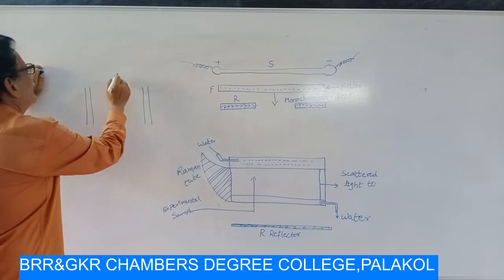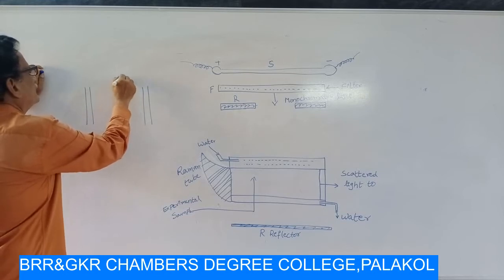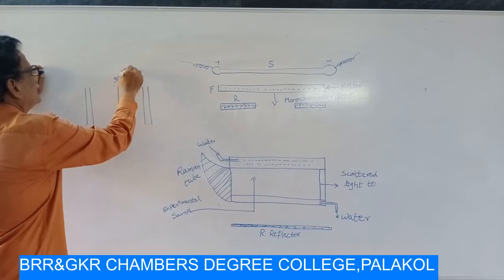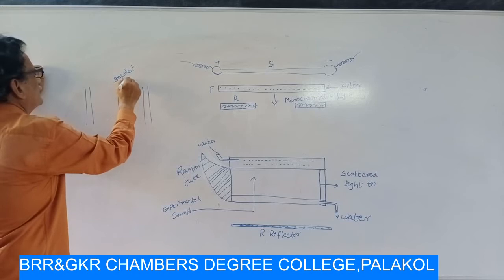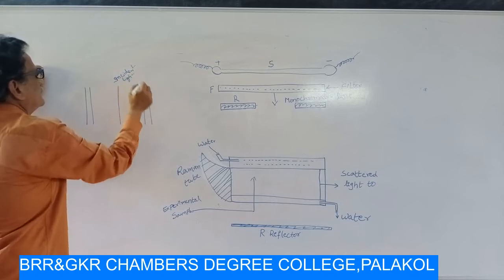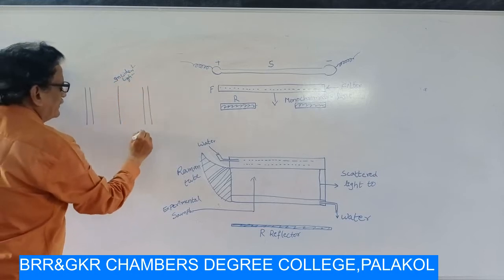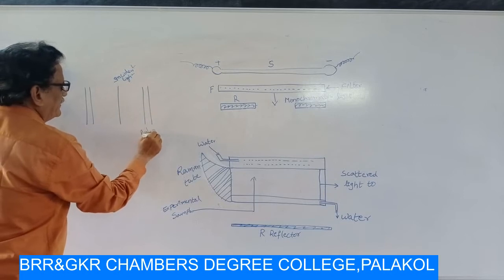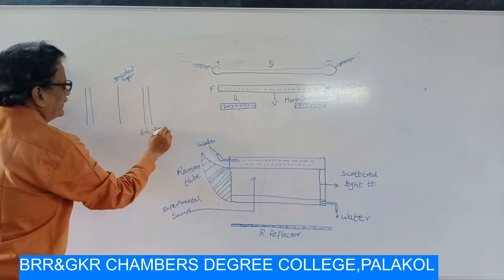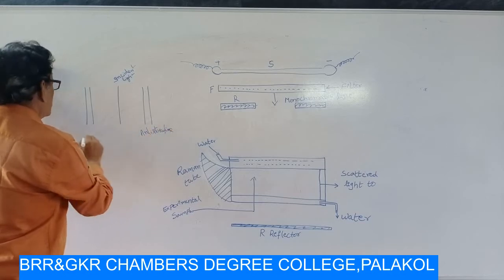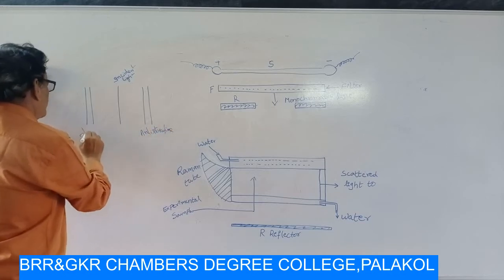This is the incident light, these are the anti-Stokes lines, and these are the Stokes lines.